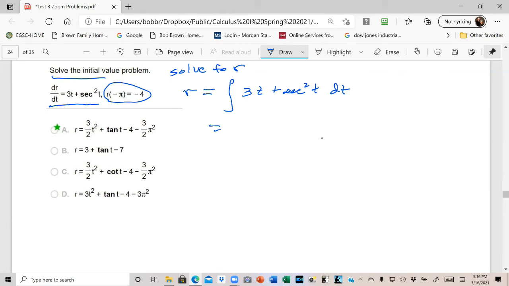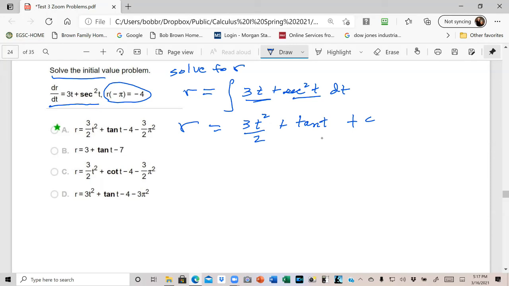And that is going to be the antiderivative of 3t, which is 3t squared over 2. The antiderivative of secant squared is tangent t plus a constant. So r is given here.